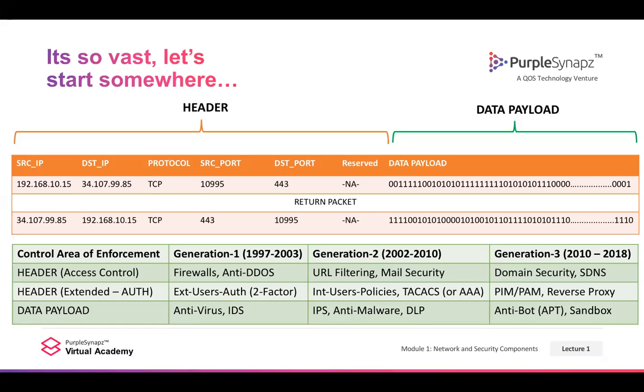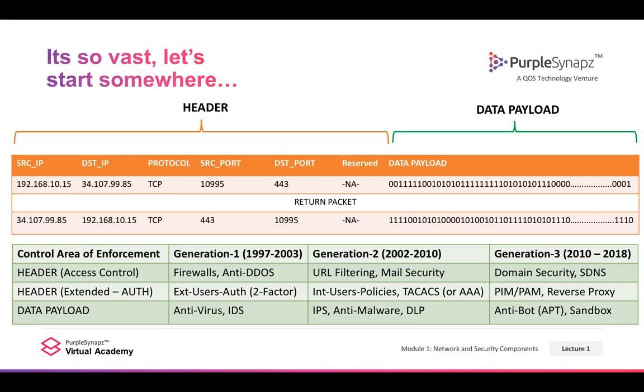Now let's look at the first row. Once I start speaking, those of you who have not understood this will start getting a glimpse of what exactly is on this slide. When we are talking about header security or access control security, in generation 1, firewalls and anti-DDoS were very commonly becoming part of the security infrastructure for most customers.